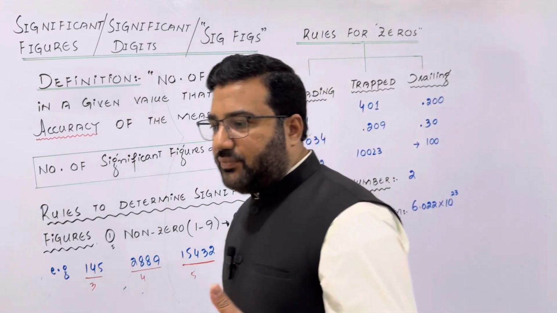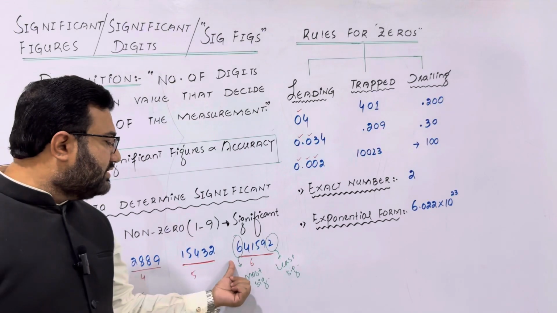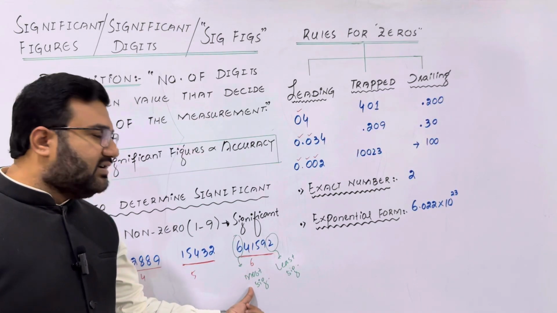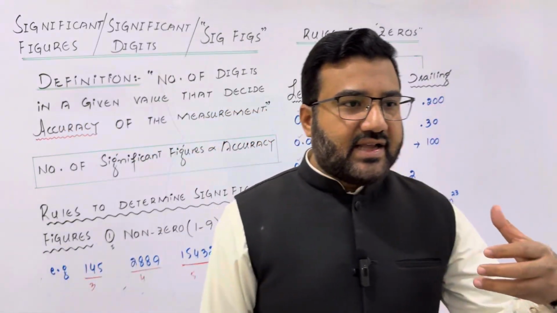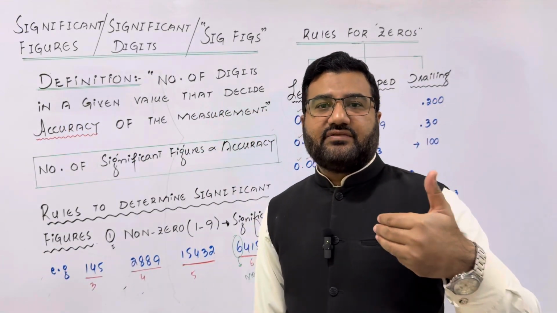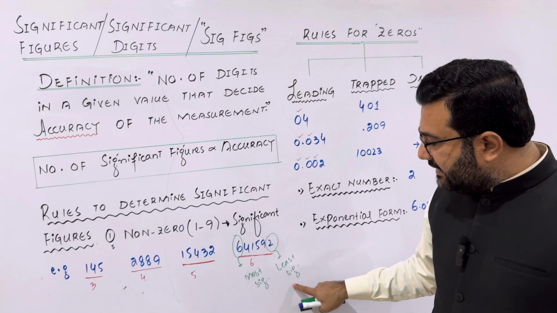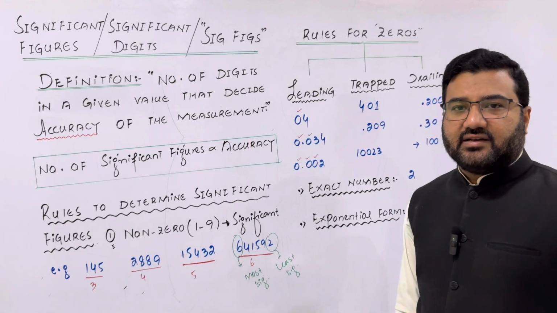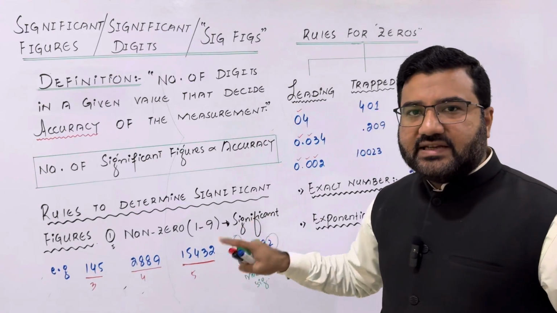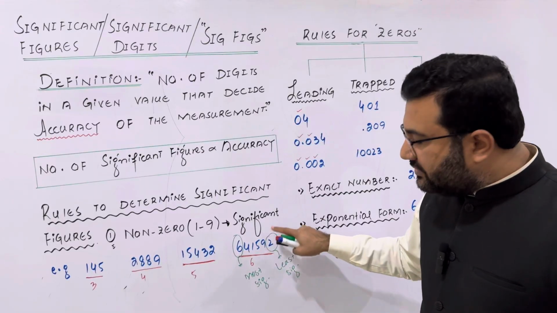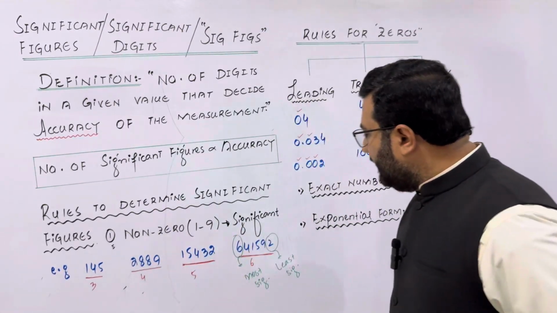And there is another very important point: in any value, the number which is written at leftmost is considered as most significant, or the digit with the highest level of certainty, and the rightmost is considered as least significant or least certain, because the chances of its variation are very small, but the chances of variation of the last digit are very large in any result.